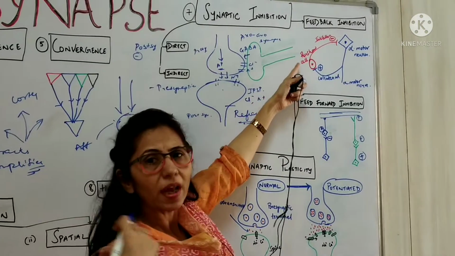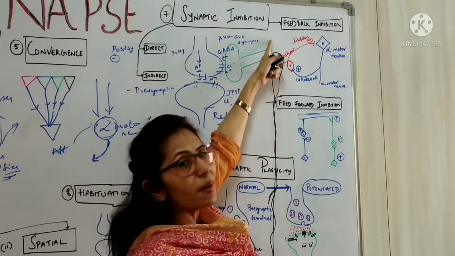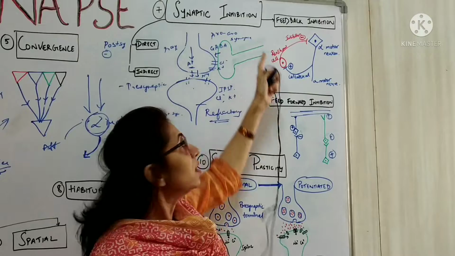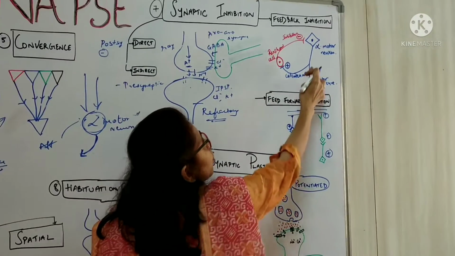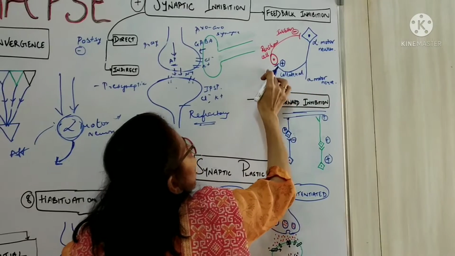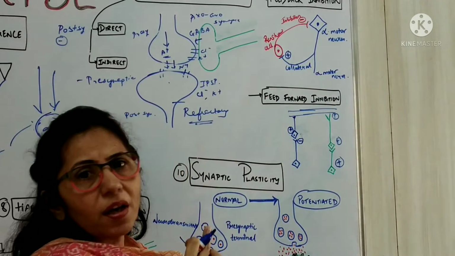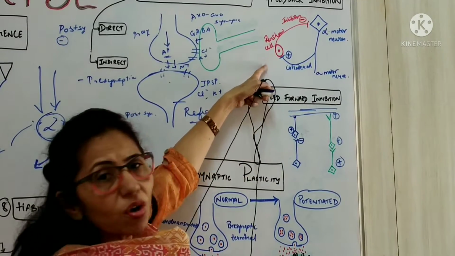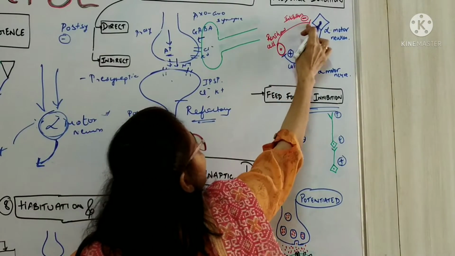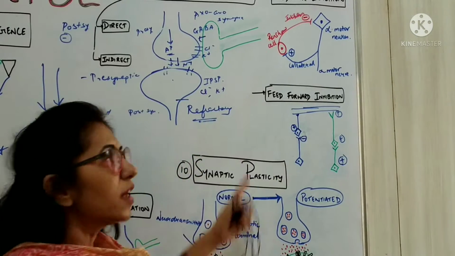Then we have two more types of inhibition: feedback inhibition and feed forward inhibition. What do we mean by feedback inhibition? Here we take an example. You have an alpha motor neuron, and this alpha motor neuron gives a collateral to another neuron in the spinal cord, a special cell called the Renshaw cell. Stimulation of the Renshaw cell in turn causes inhibition of the same motor neuron which had stimulated it.